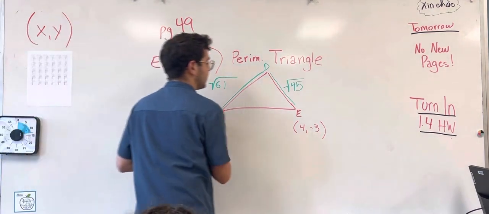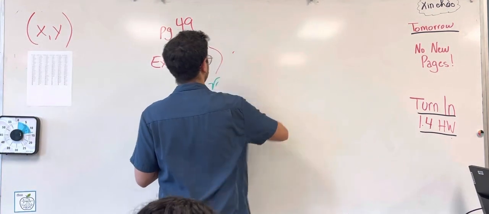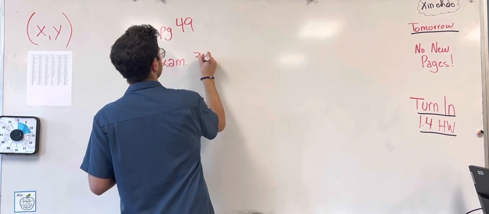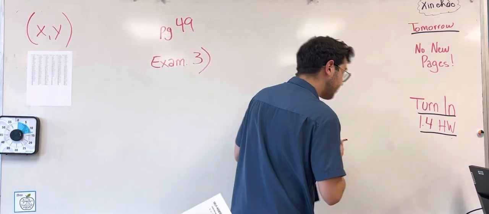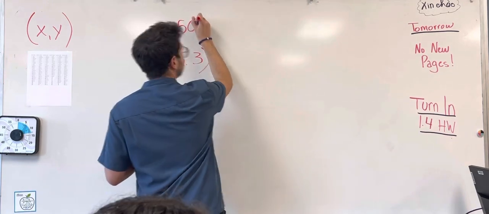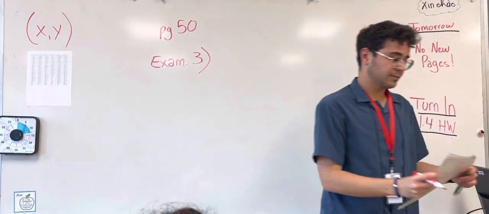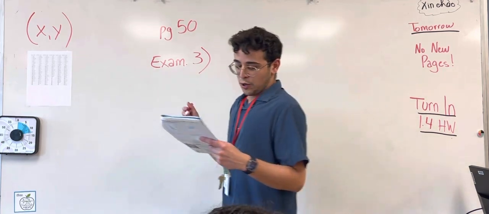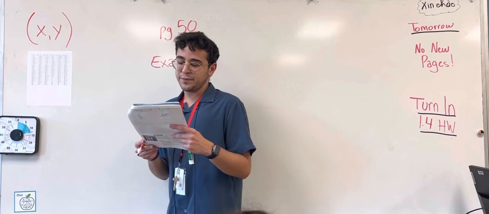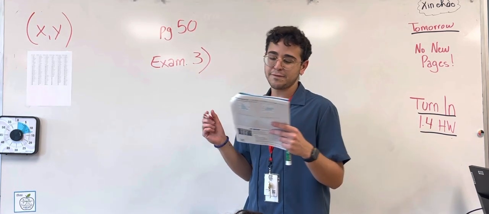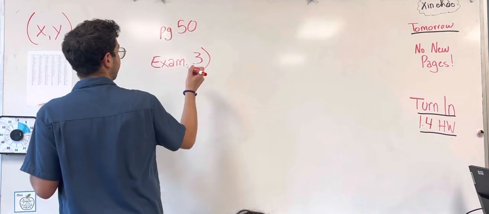So now let's talk about example 3. And example 3 is on page 50, right? For example 3, they find the area of a parallelogram.